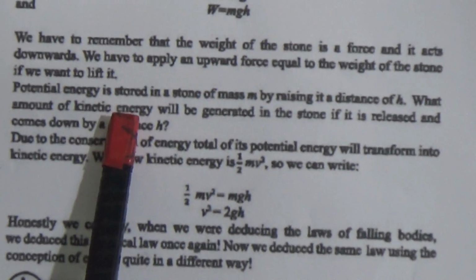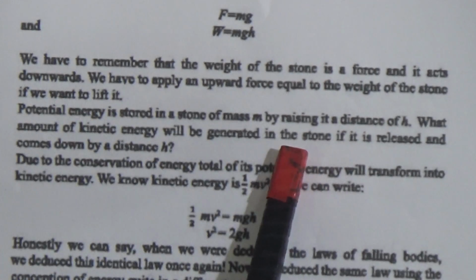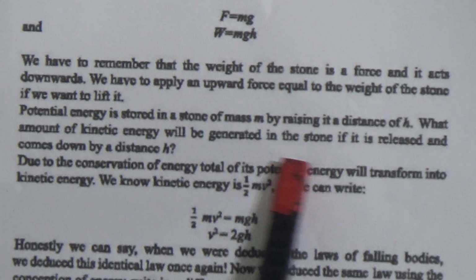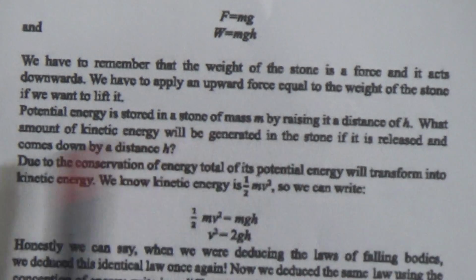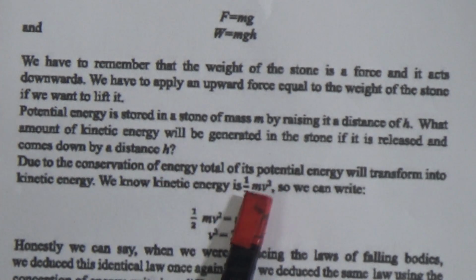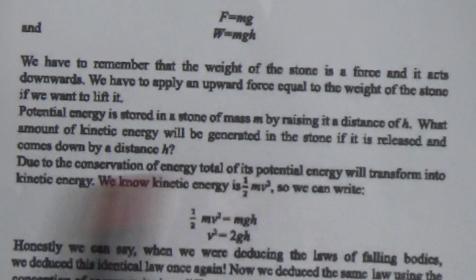Potential energy is stored in a stone of mass m raised to a distance h. What amount of kinetic energy will be generated in the stone if it is released and comes down by distance h? Due to the conservation of energy, its total potential energy will be transformed into kinetic energy, and we know the formula of kinetic energy is half mv square.